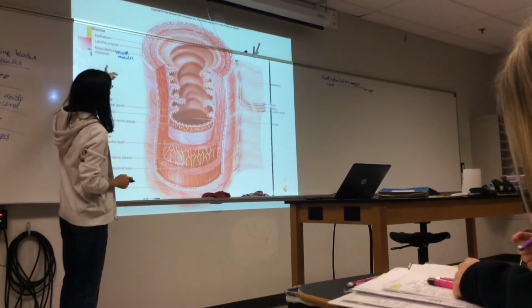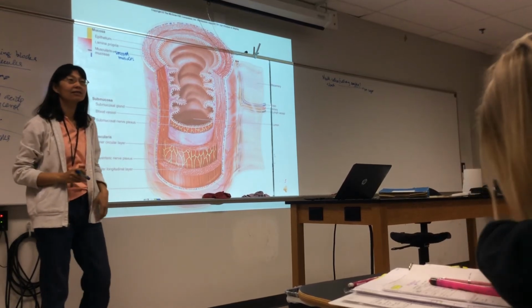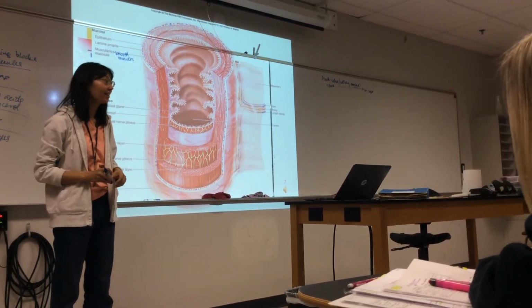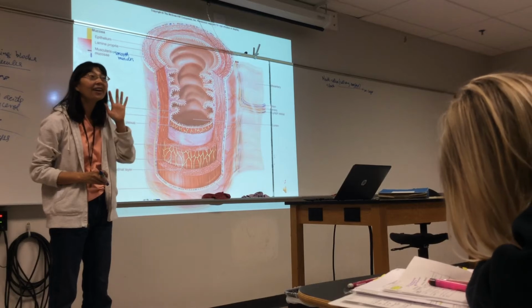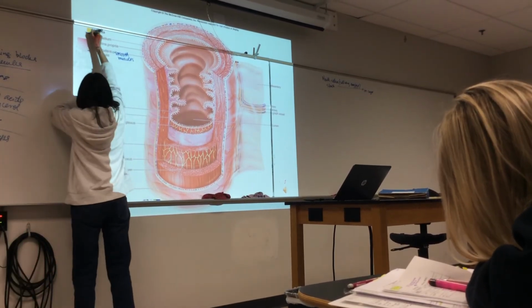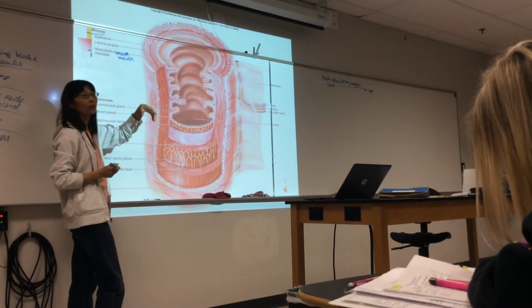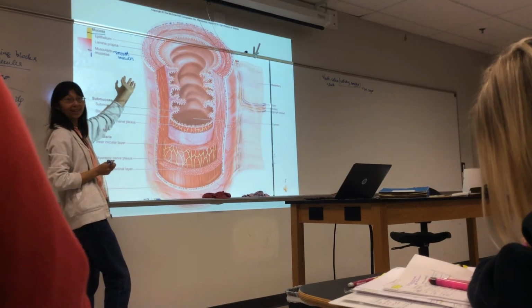Now, they call it muscularis because it's smooth muscle. That's good. But why do we call it mucosa? Because it's in the mucosa. Here's the big heading, agree? It's in the mucosa. So that's why they tack on the word mucosa.